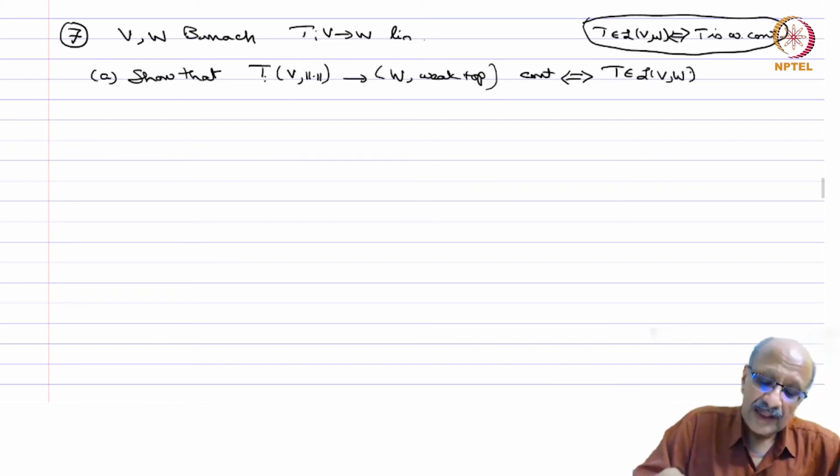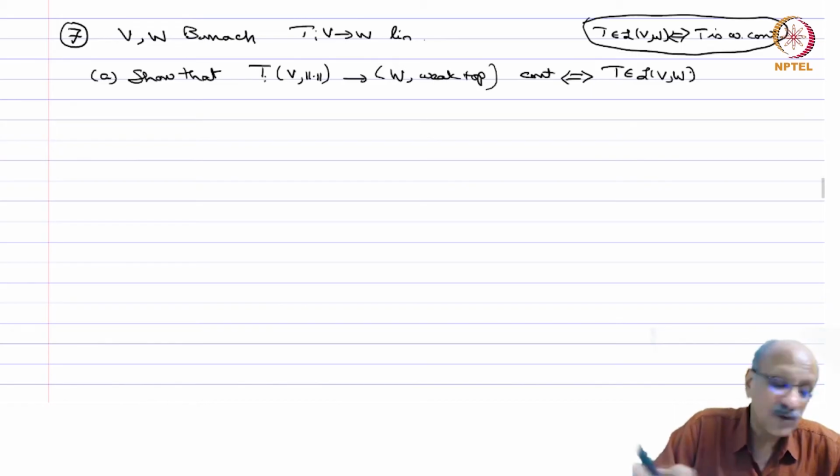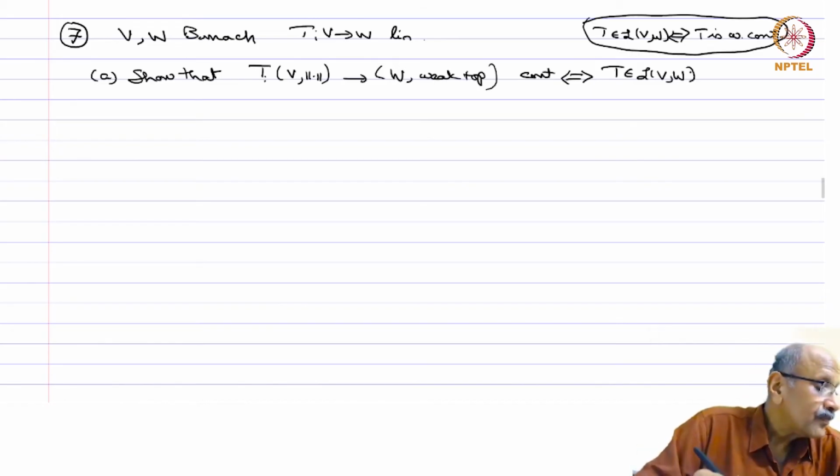So we are really showing that it doesn't really matter as far as linear maps are concerned. The continuity in the standard sense is the same, whatever other topologies you are going to put.